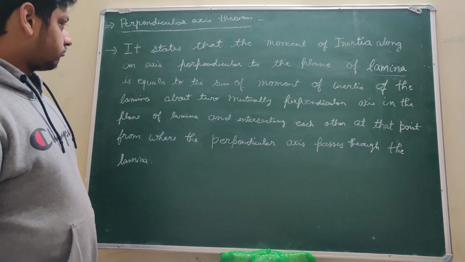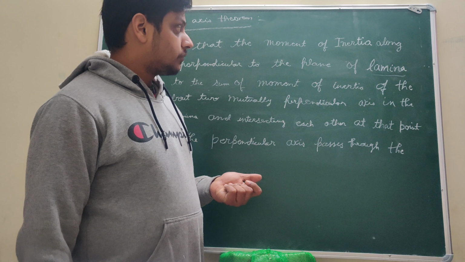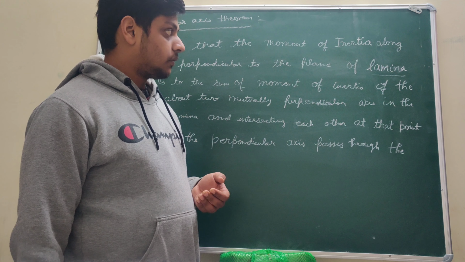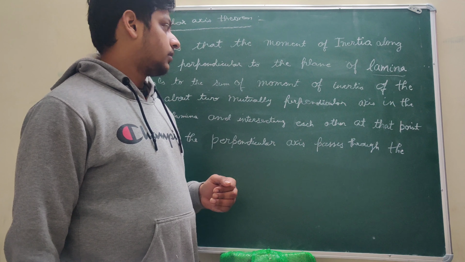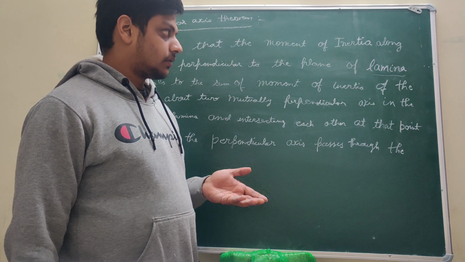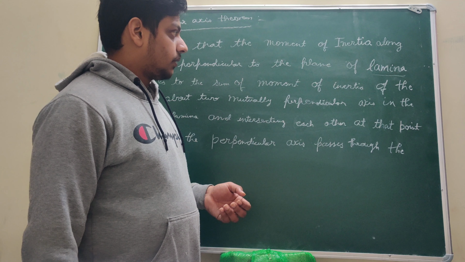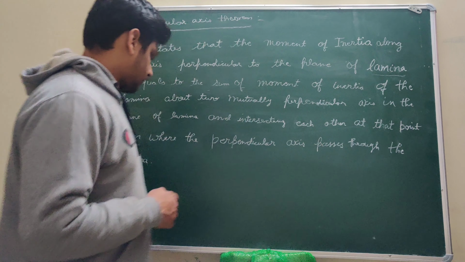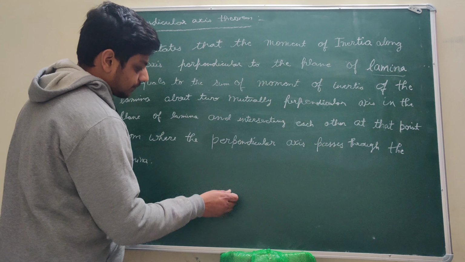So, lamina. What is lamina? Lamina is kind of a body, like a plate-like body, or we can say paper. Paper is a lamina. So we can take a lamina as a paper.